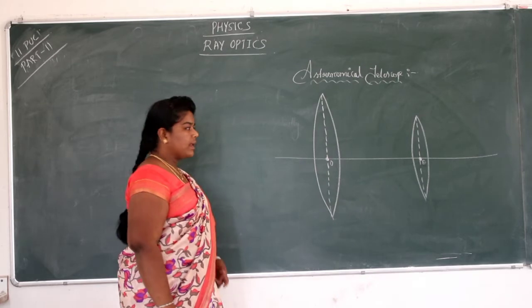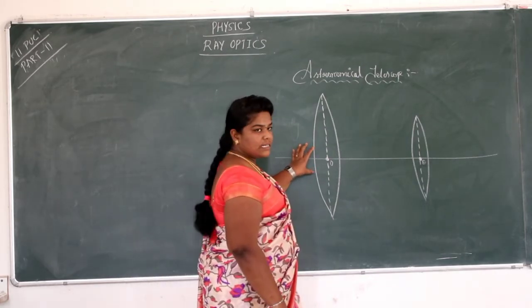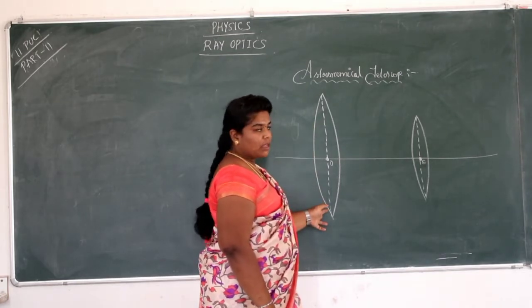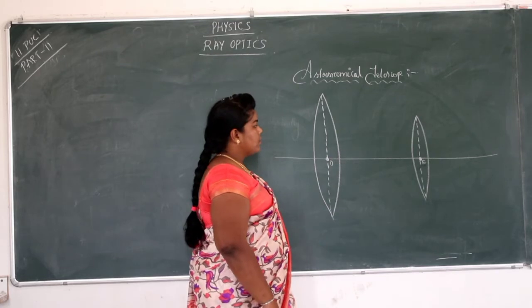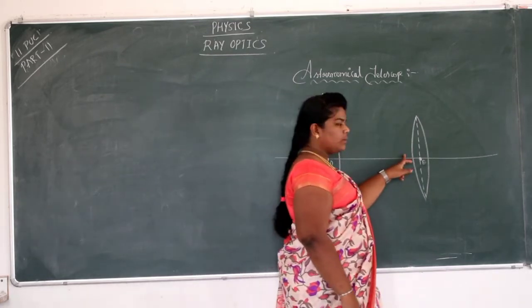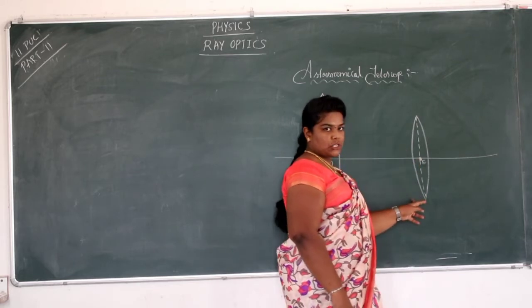Dear students, you can observe that here we have one lens with a greater aperture as well as a greater focal length, whereas here we have another lens which has a less focal length and a less aperture.